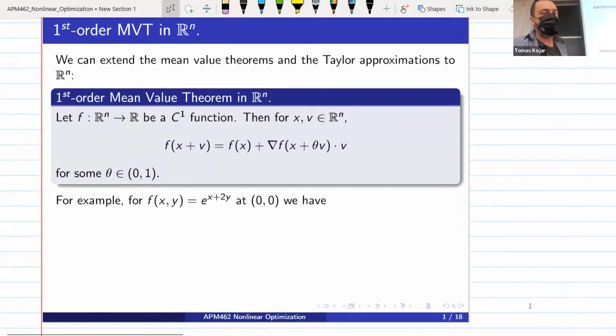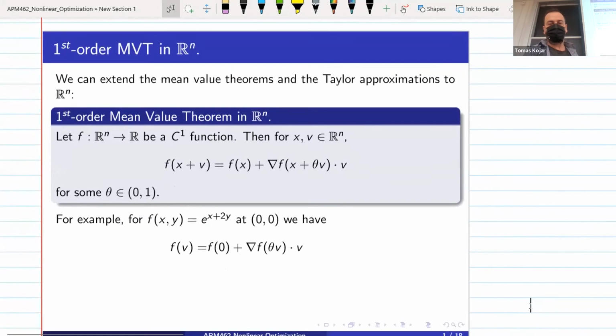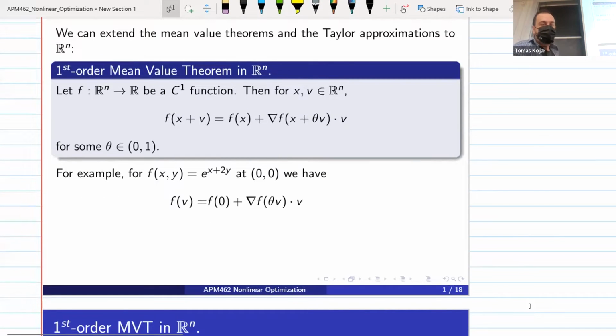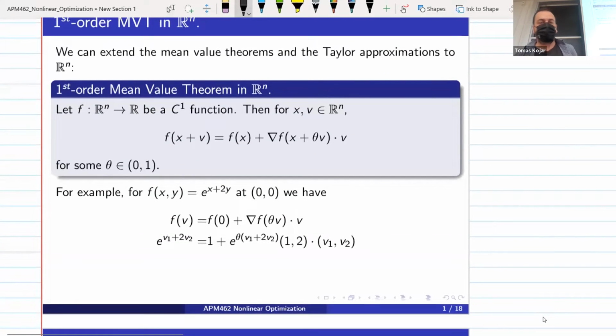All right, so let's apply it before we prove it. Here's a function. It's two-dimensional, and this is the Taylor formula. So the term on the left, when v is v1, v2, is equal to this.